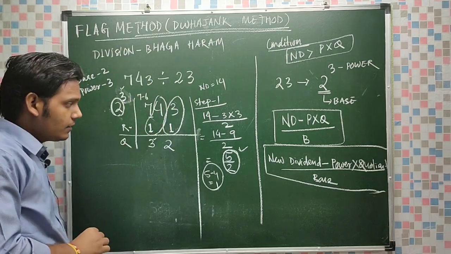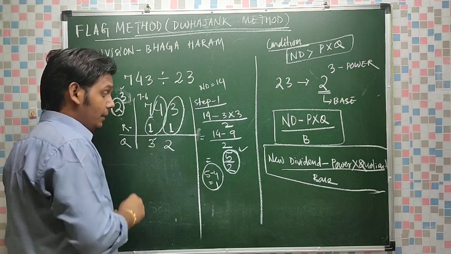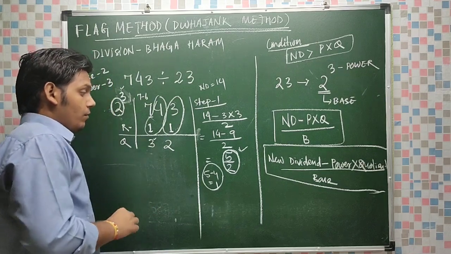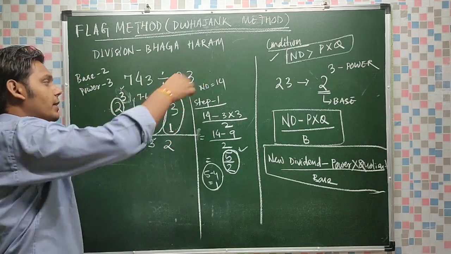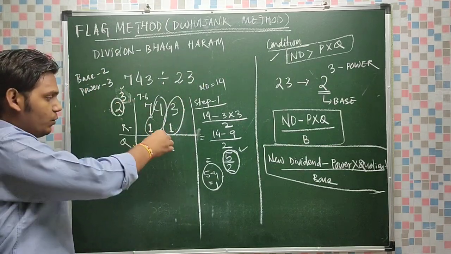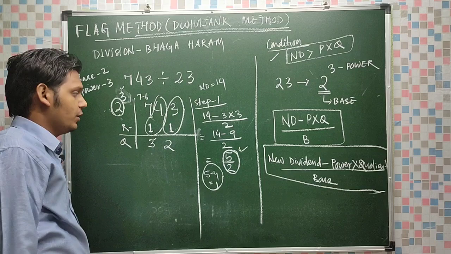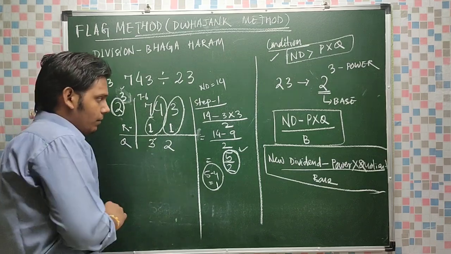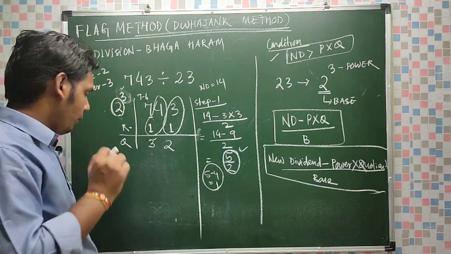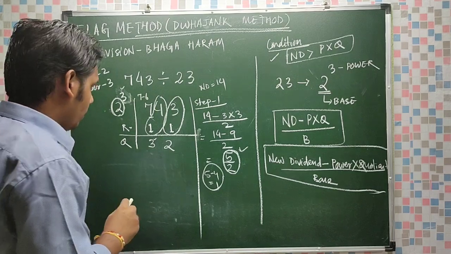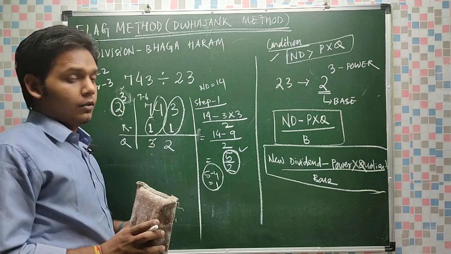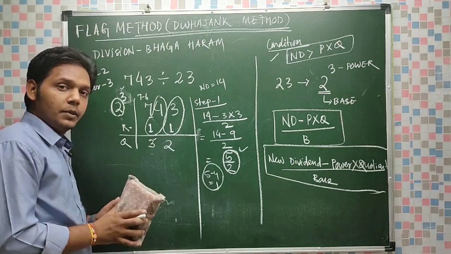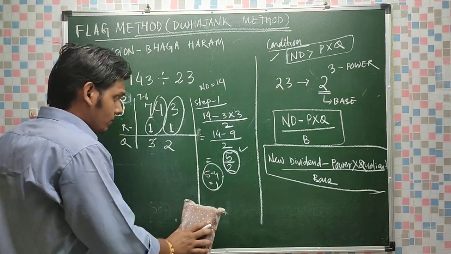Now the new dividend is 30. Again you have to check the formula condition. The new dividend must be greater than the product of power and quotient. 3 2s are 6. 6 is less than 13, so we can proceed. And remember one thing, you have to do the division up to 2 decimal places.